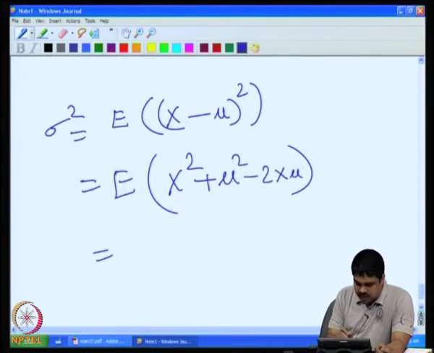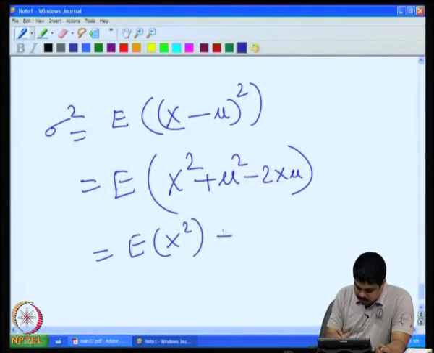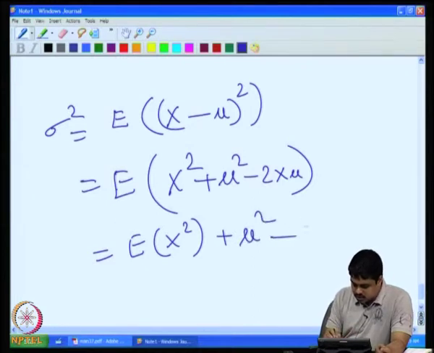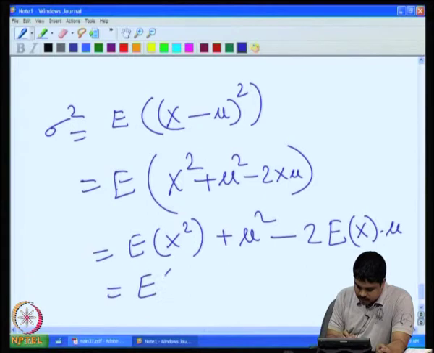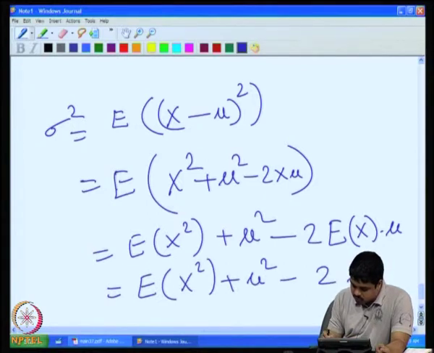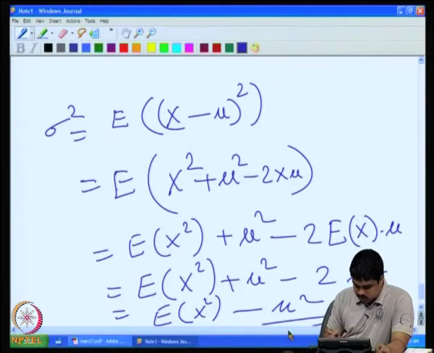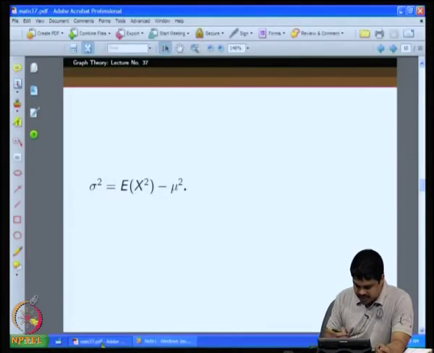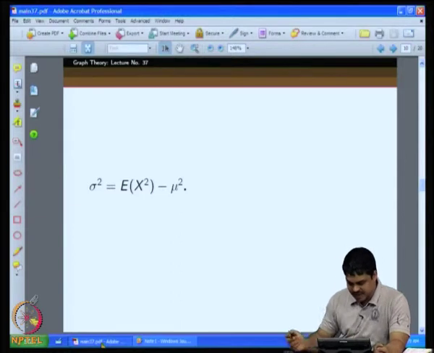Because of linearity of expectation, this becomes expectation of x square plus expectation of mu square, which will be mu square because it is a constant, minus 2 times expectation of x into mu. That means expectation of x square plus mu square minus 2 mu square, that is expectation of x square minus mu square. So, this is an easy thing, and it will be useful in calculations.